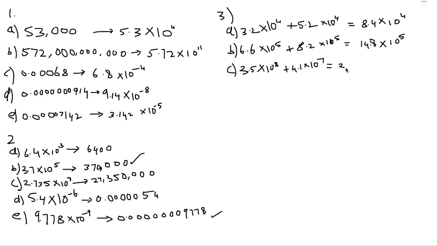So 35 times 10 to the power 7 plus 4.1 times 10 to the power 7, which equals 35 plus 4.1 will give you 39.1. 39.1 times 10 to the power 7.